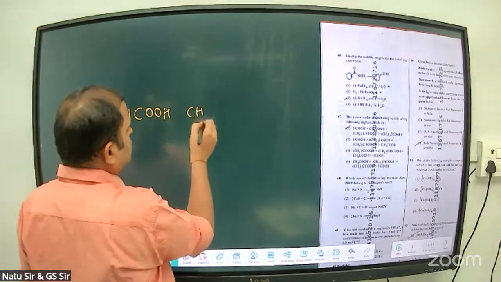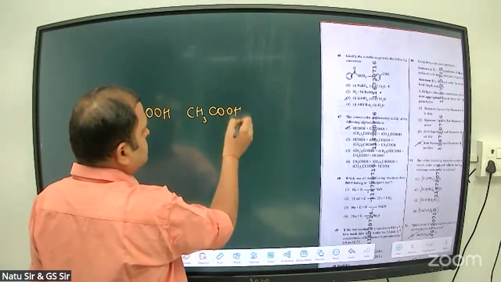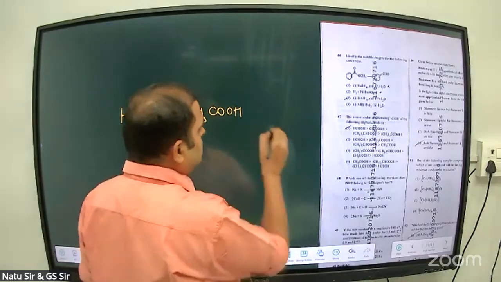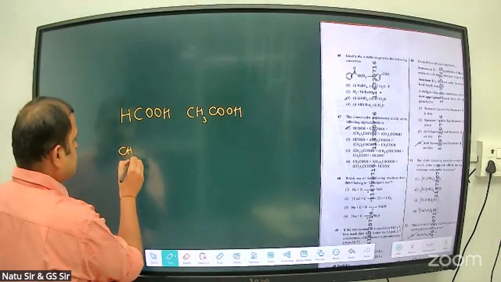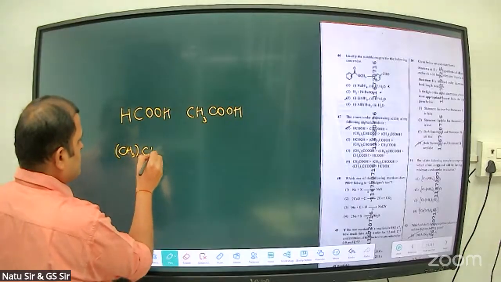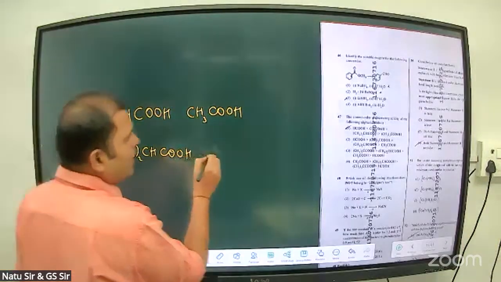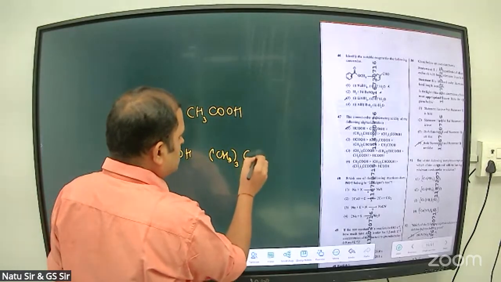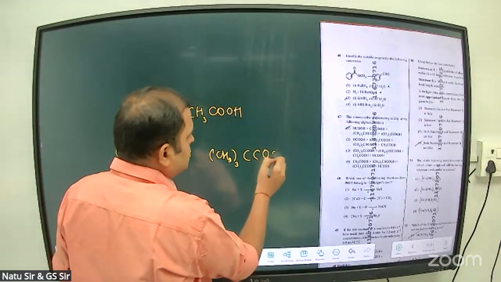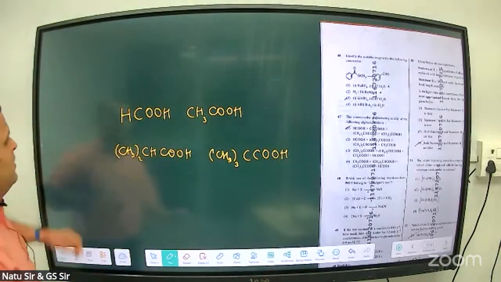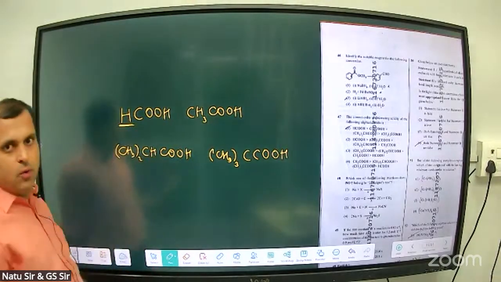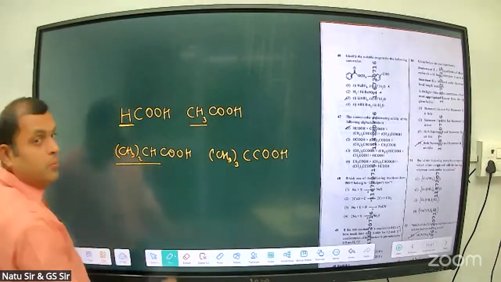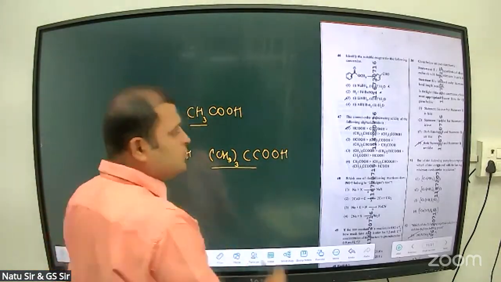So we have HCOOH, CH3COOH, then (CH3)2CHCOOH, and then (CH3)3C COOH. So you can see, first there is only hydrogen, here there is a methyl group, then an isopropyl group, and finally a tert-butyl group.